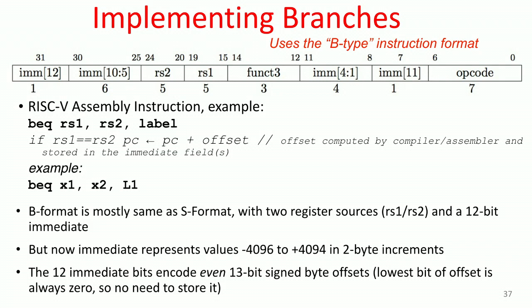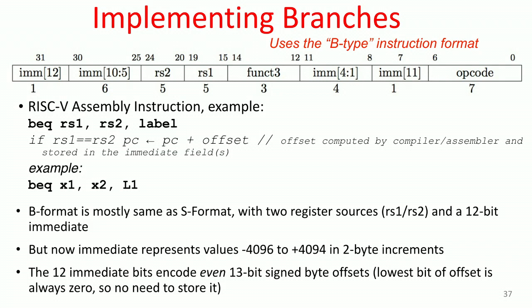So the 12 bits encode even 13-bit signed byte offsets. For even 2-byte offsets, the low bit is always a 0, so we don't need to store it. So even though we only have 12 bits of immediate, we're really representing 13-bit numbers. And those 13-bit numbers allow us to go minus 4096 or plus 4,094.